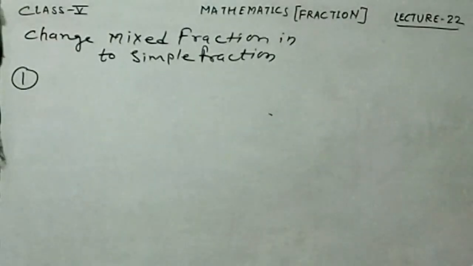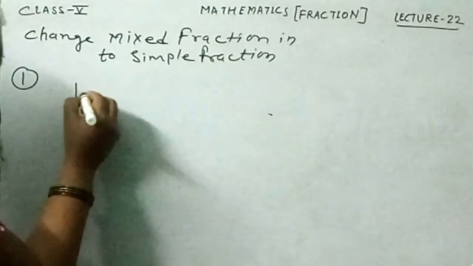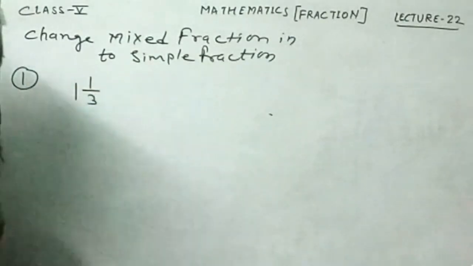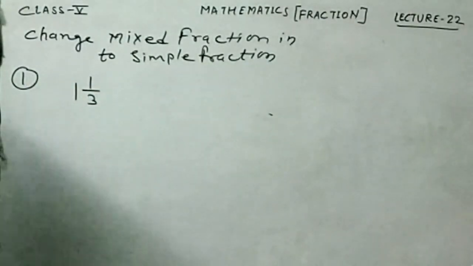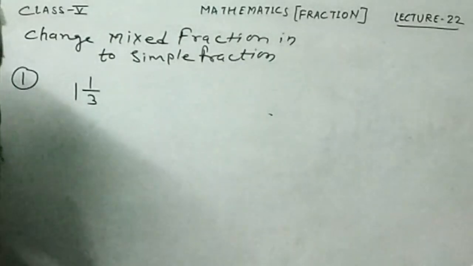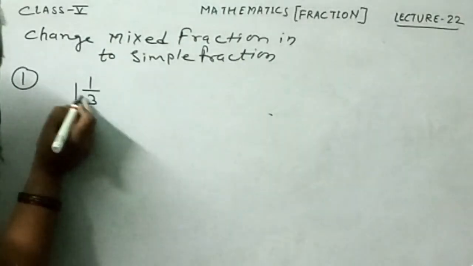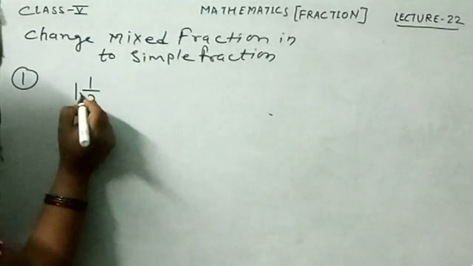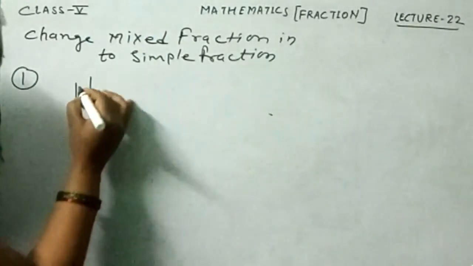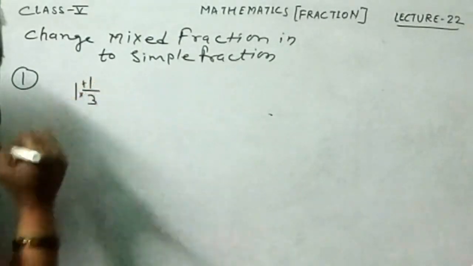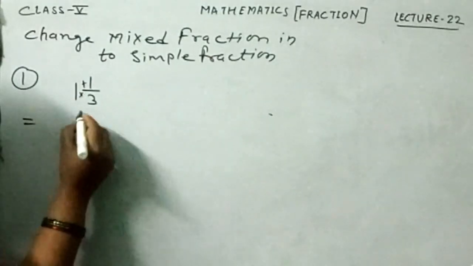One question I am taking from your book: 1 1 by 3. Students, it is very easy. Always remember, in these two numbers the relation is multiply, and the upper number we have to add.